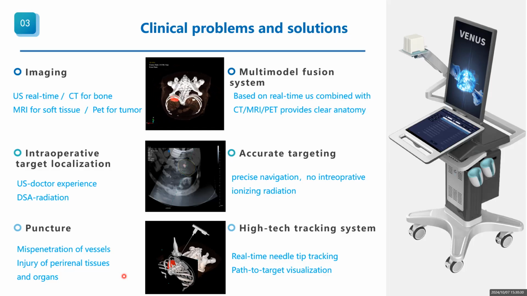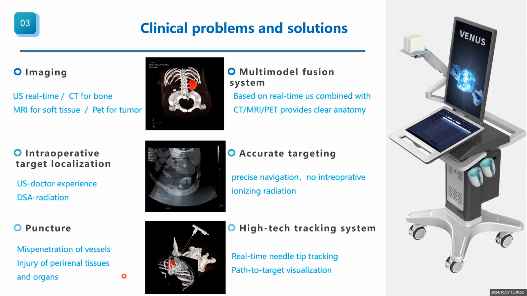We can check the needle tip. We know the real-time needle tip tracking. We know where the needle is, what the depth of the needle is, and also in 3D we know the probe and the needle and the other organs' relationship.